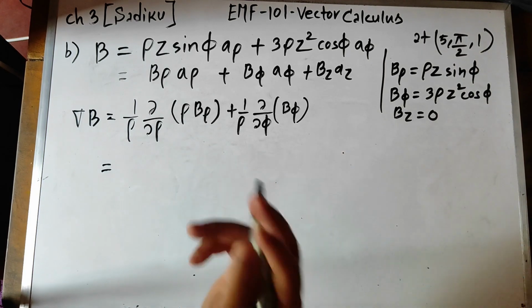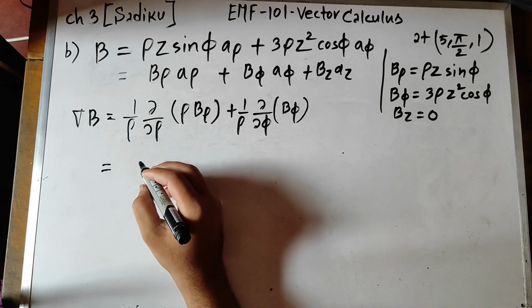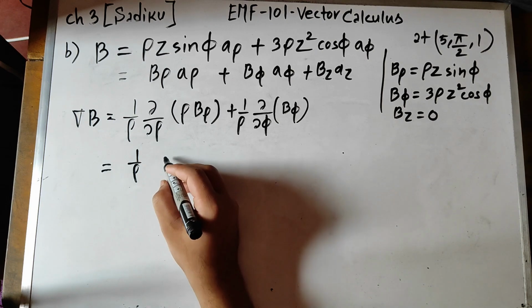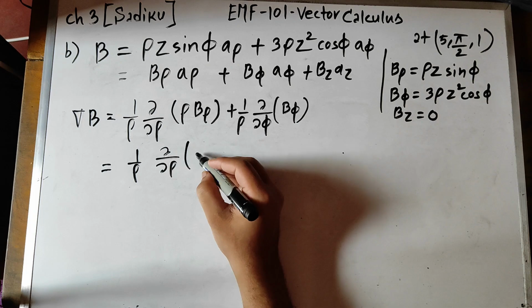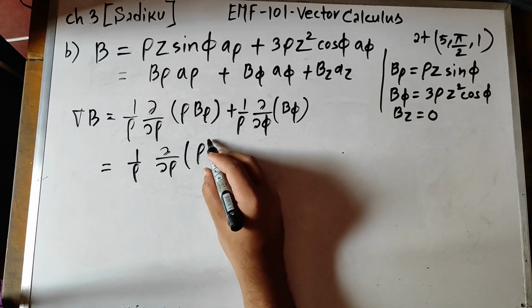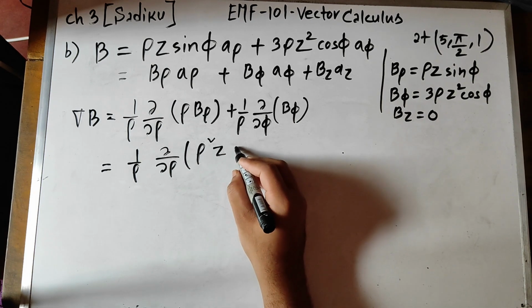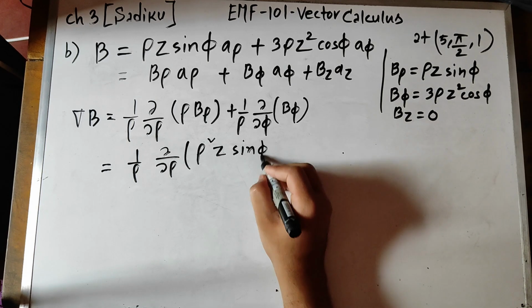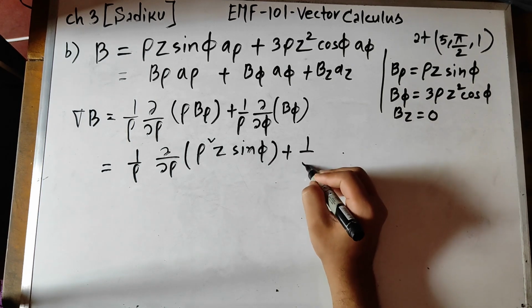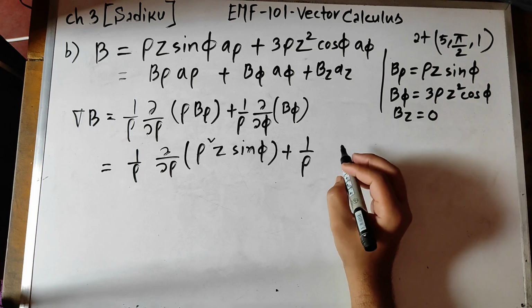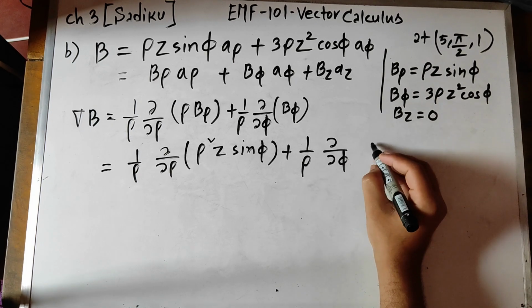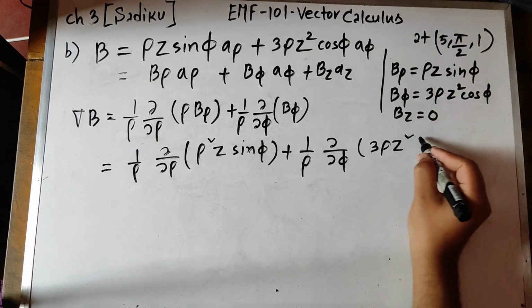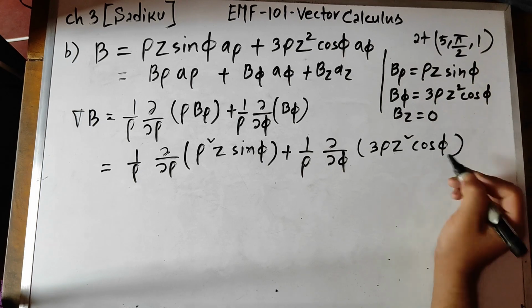So now 1 by rho del by del rho of rho squared z sine phi, plus 1 by rho del by del phi of 3 rho z square cos phi.